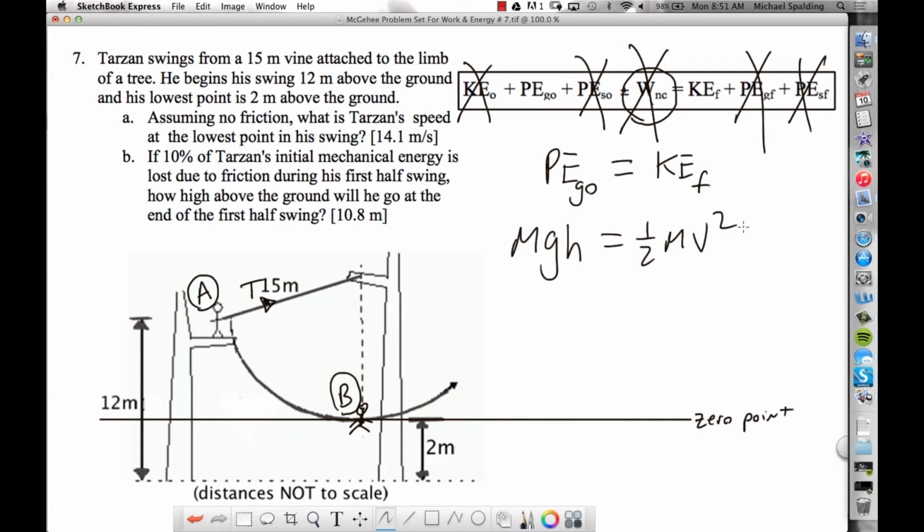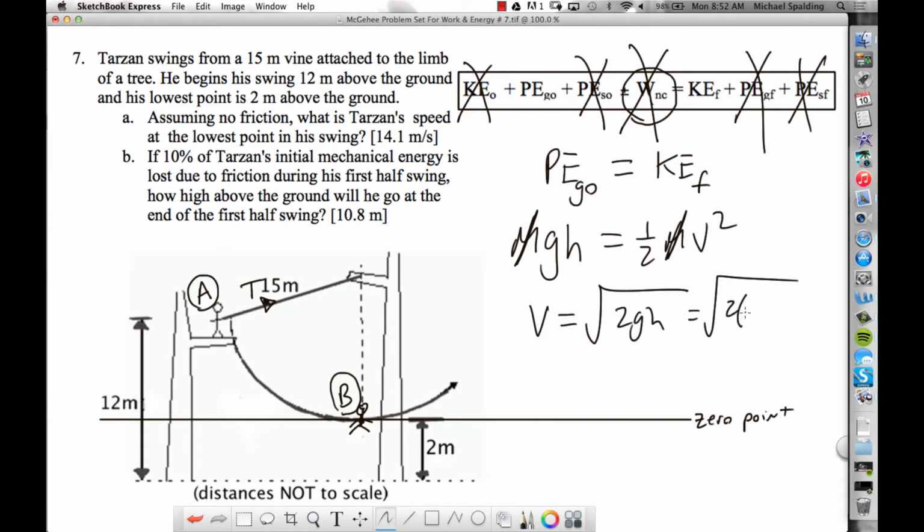Okay, about 5 kids this morning pointed out to me that the mass was not given. If you come across a problem where mass is not given, what does that tell you? It's going to cancel. It doesn't matter if he weighs 100 pounds or 500 pounds. Mass cancels. So what we're left with is velocity equals the square root of 2gh.